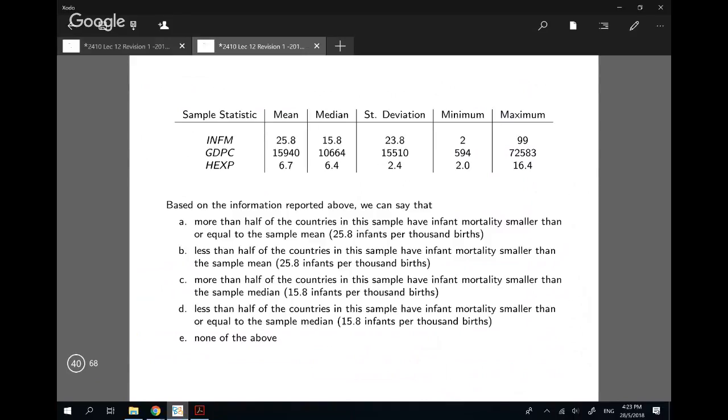Okay. Yes, so it's C, because median by definition is the middle, right? So 50% is more than that, and 50% is less than that. The mean is not necessarily the middle. It doesn't divide it 50-50. Unless you have a perfectly symmetrical distribution, then your median, mean, and mode are equal to each other.